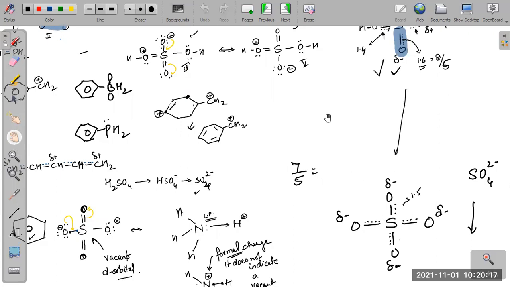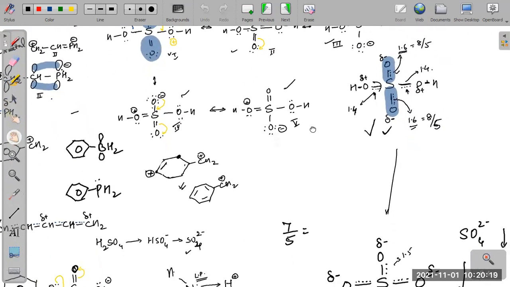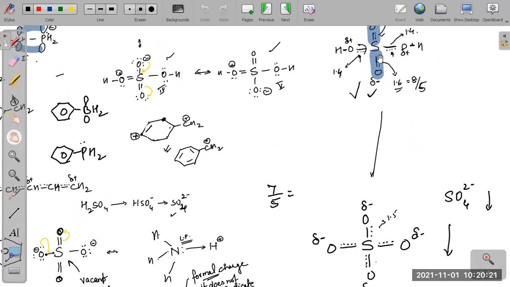Now this is something which helps in increasing the acidity of H2SO4 from normal level to a very good level. Okay. That is one of the key reasons which makes this particular acid a very good acid or very strong acid.